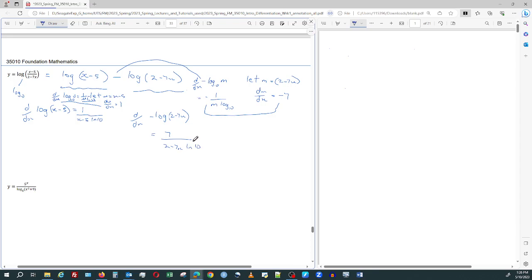I've got to warn you, that's quite a hard one. But now both of these can be put together as your chains. So y dash will become 1 over (x − 5) ln 10 plus 7 over (2 − 7x) ln 10.